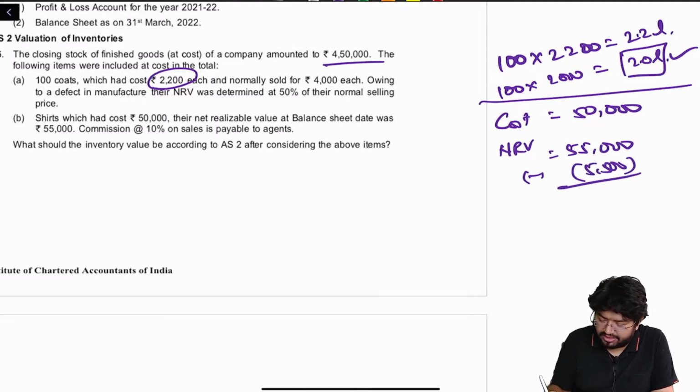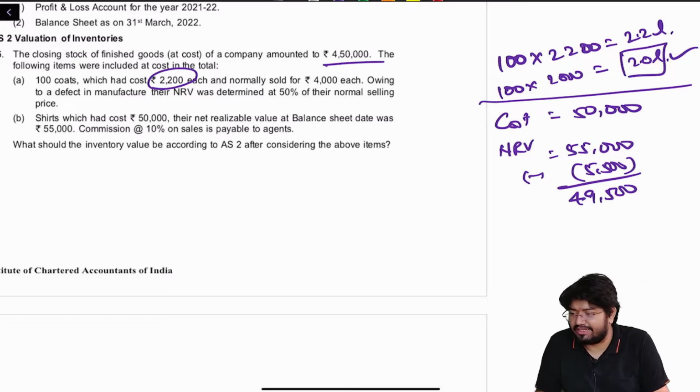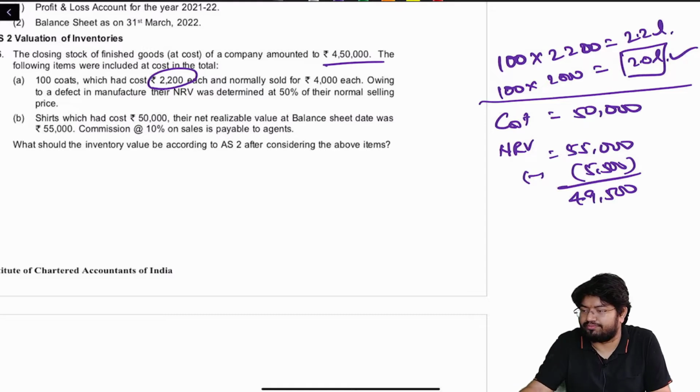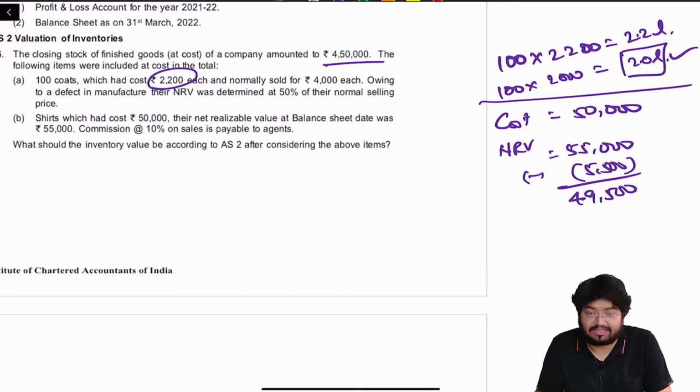If you deduct this, you have got 49,500. So what do you take in this case? NRV is supposed to be taken. So in both the cases, you are supposed to take NRV rather than cost.